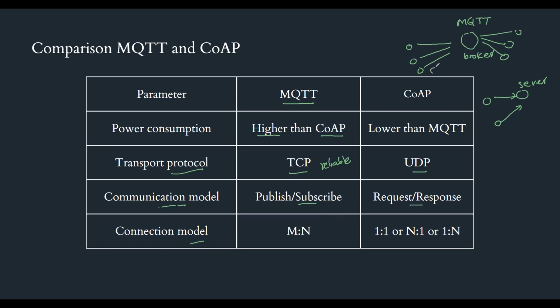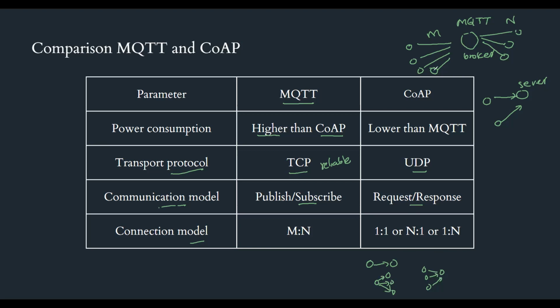So if there are M messages on one side, it can connect up to N messages on the other side. However, CoAP at one time can either connect between one-to-one devices, or one-to-many devices, or many devices to one device. So likewise, there's some difference there.